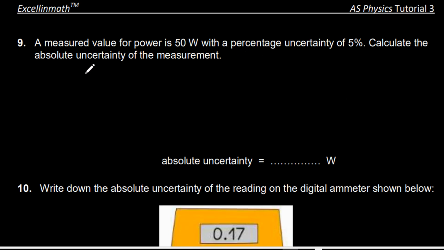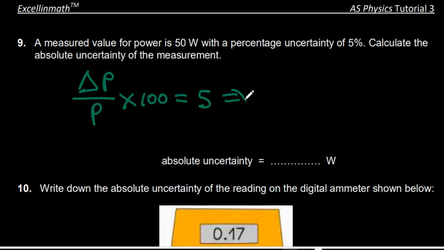So the percentage uncertainty, of course, is delta P over P times 100. And we know that this must come to 5. We want the absolute uncertainty delta P. So we need to make it the subject of the formula. So we can divide the 100 into the right-hand side and then multiply by P.